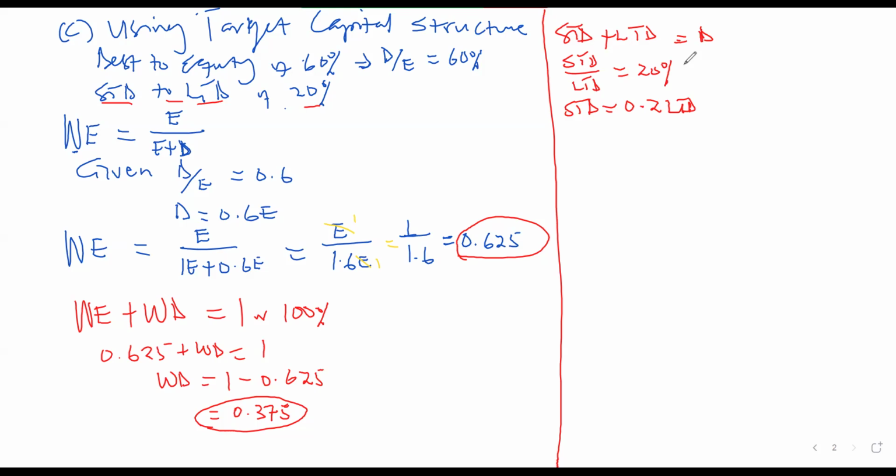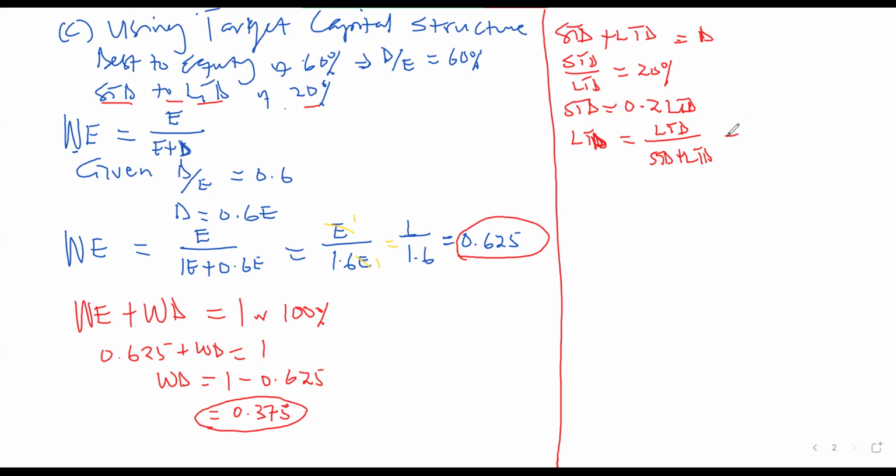So the percentage of long-term debt in our total debt, LTD, should be equal to LTD over STD plus LTD. So this is the percentage of long-term debt in total debt.